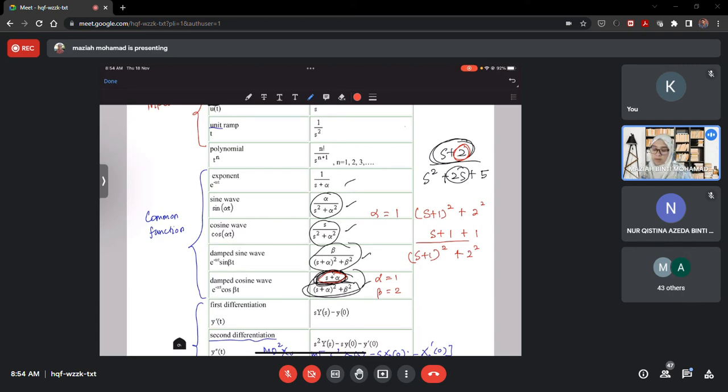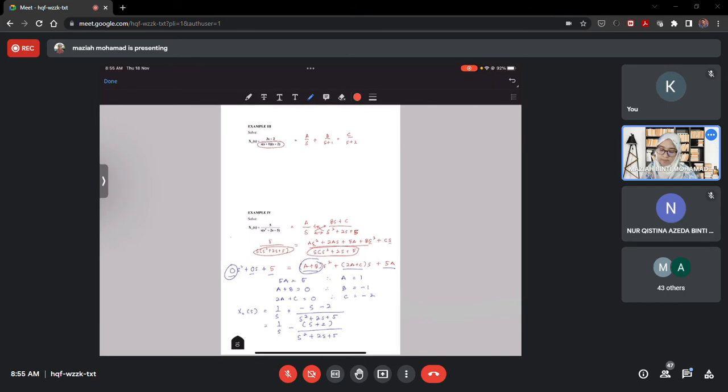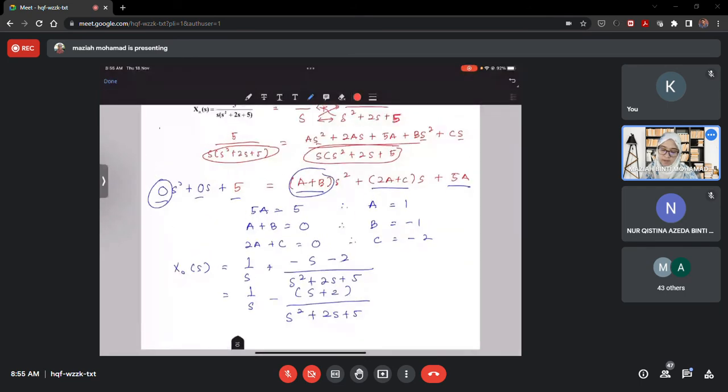So basically, this is similar to 1 over s minus s plus 1 over s plus 1 square plus 2 square, minus 1 over s plus 1 square plus 2 square.